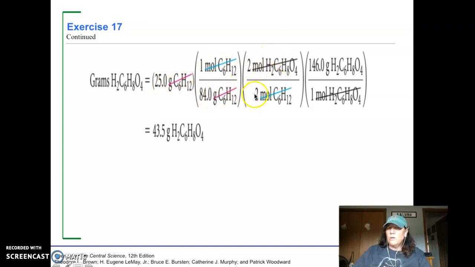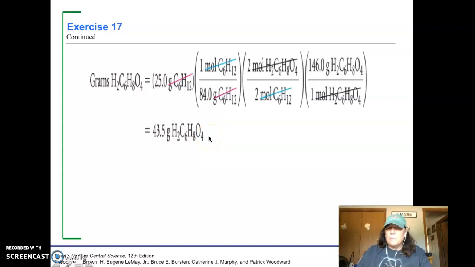I do my mole ratio, and then this is the mass of this product. So I take 25. I'm not going to multiply by 2 and divide by 2. I'm just going to take 25 times 146 and divide by 84. Okay, this is the theoretical yield. In a perfect world, if nothing goes wrong, this is the maximum amount you will get from that reaction.